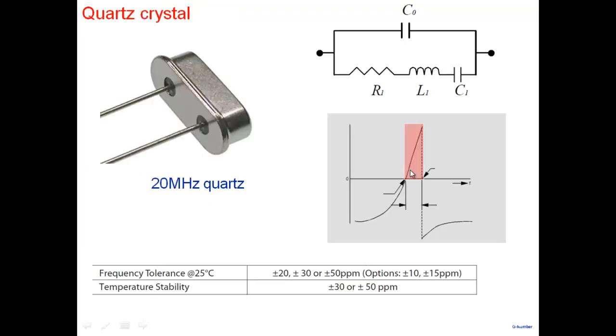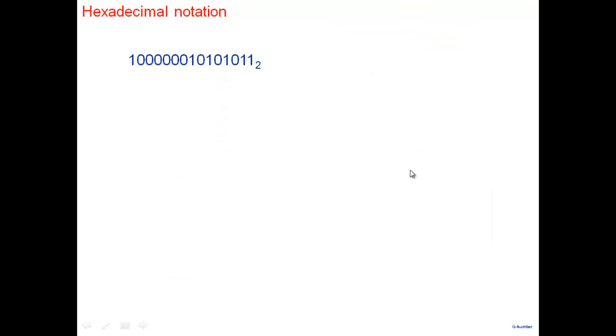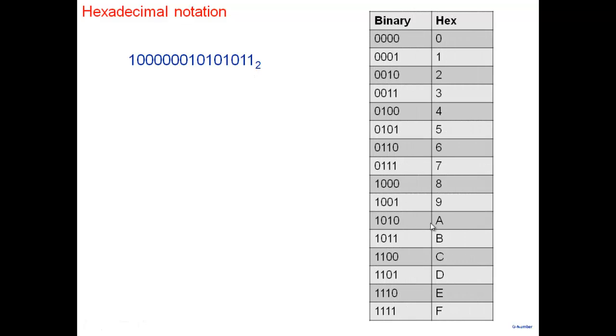Before we proceed, just a reminder to all of you: whenever we talk about these microprocessors, if I have a 16-bit address bus, I'm not going to write out all the bits, it becomes intractable. So the common notation is hexadecimal. You take 4 bits at a time. Hex goes up to 9, and then 1010 becomes A, B, C, D, E, F. You take 4 bits at a time and convert them into hex notation.